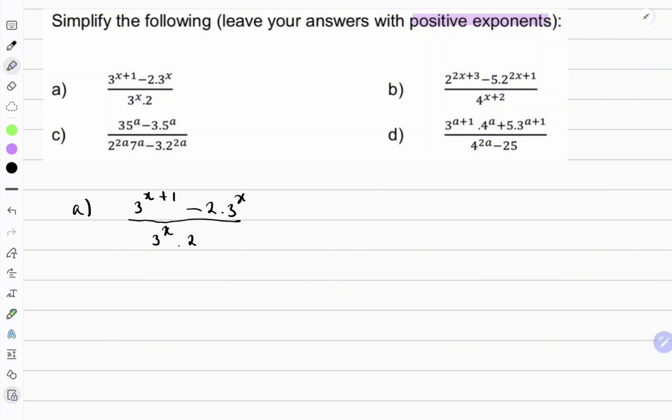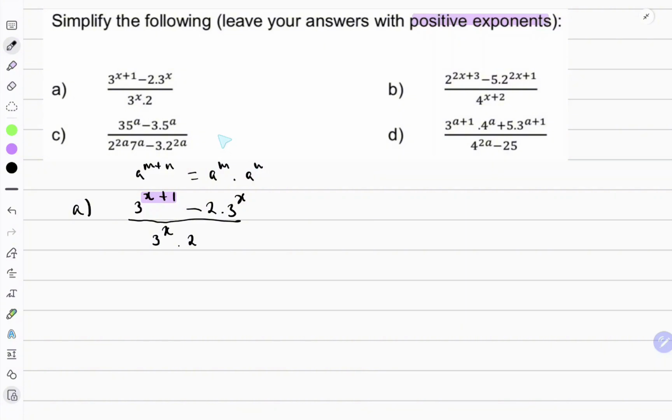So when you look at the exponential expression and you pay attention to the numerator, you can actually split the exponent there by using the product rule. So you know that the product rule is a to the power of m plus n is equal to a to the power of m times a to the power of n.